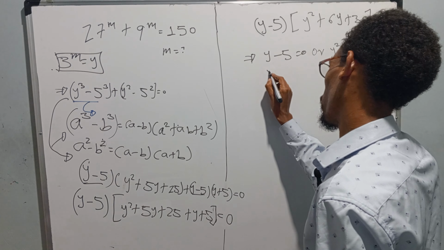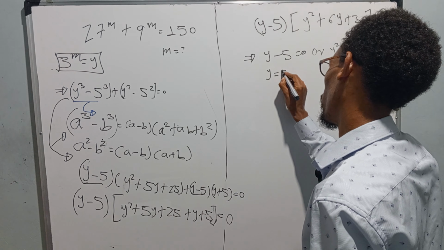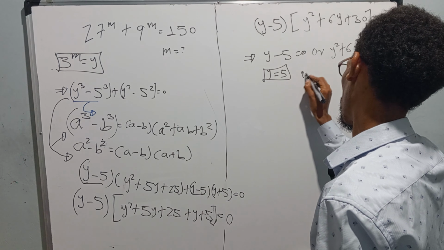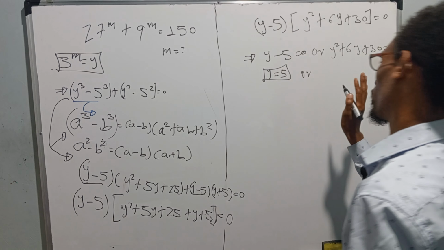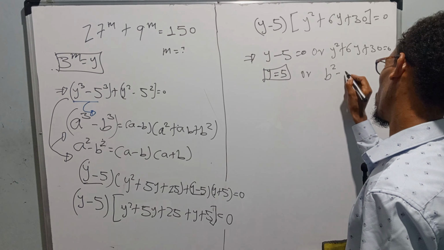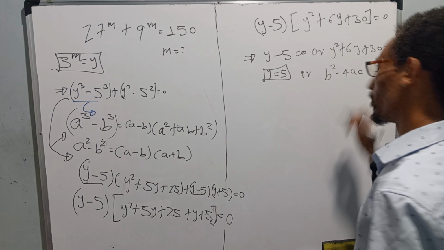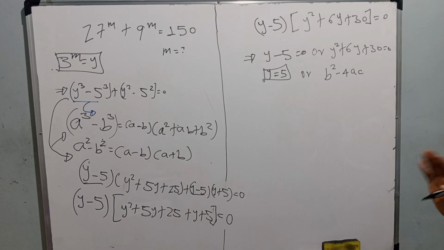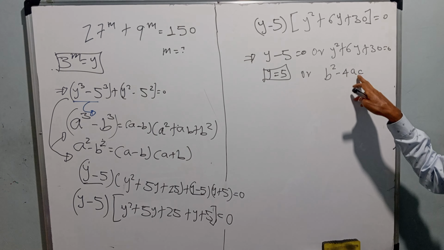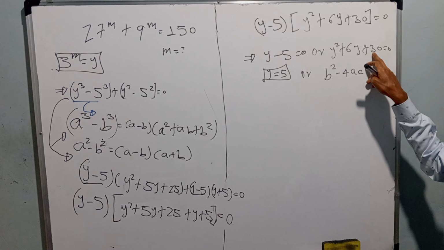Then from the first we have y equal to 5 as the first solution, but here we must check that b squared minus 4ac must be greater than or equal to 0. That means we have b is 6, a is 1, c is 30.